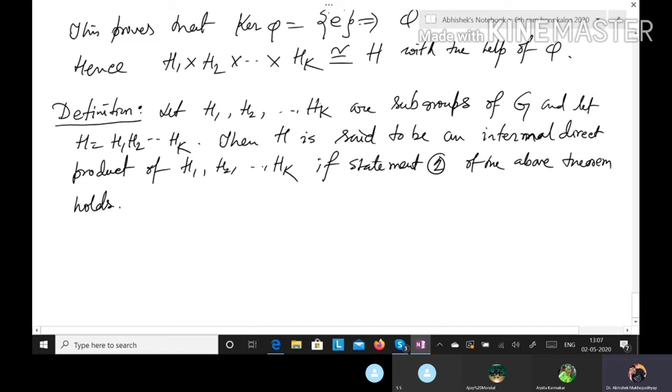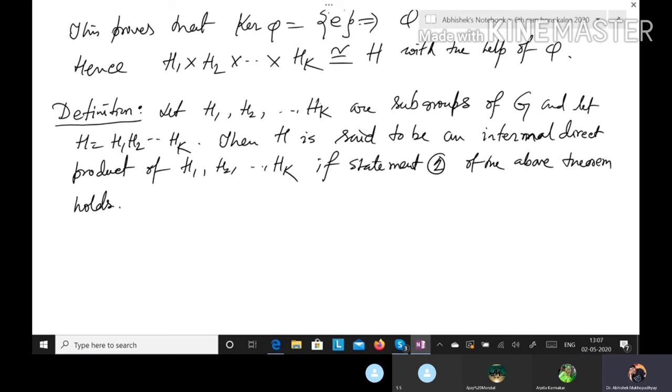Now note that since we assume that statement 1 holds, the map phi from H1 cross H2 cross Hk to H is an isomorphism of H1 cross H2 cross Hk onto H. And so is its inverse.